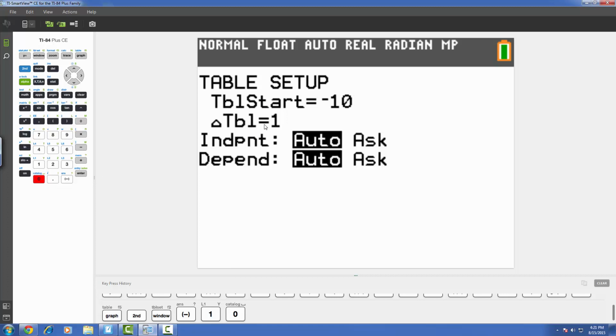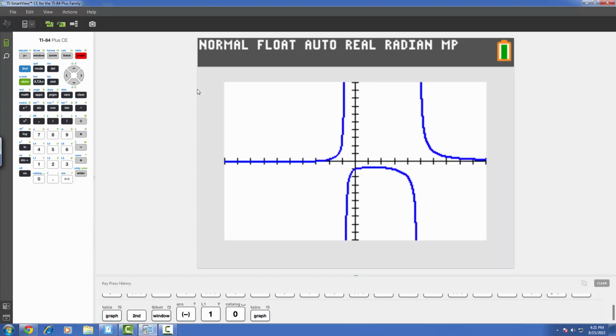What this triangle table means is pretty much the individual counters that things are changing by. For example, if we graph now, these are what I mean by those counters. They're changing by 1 every time, an even interval of 1 unit.